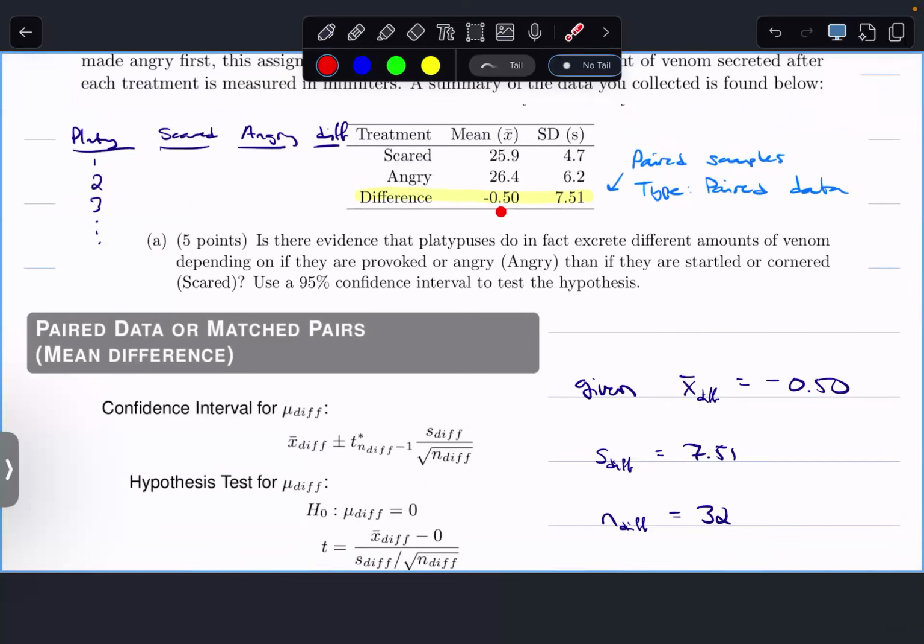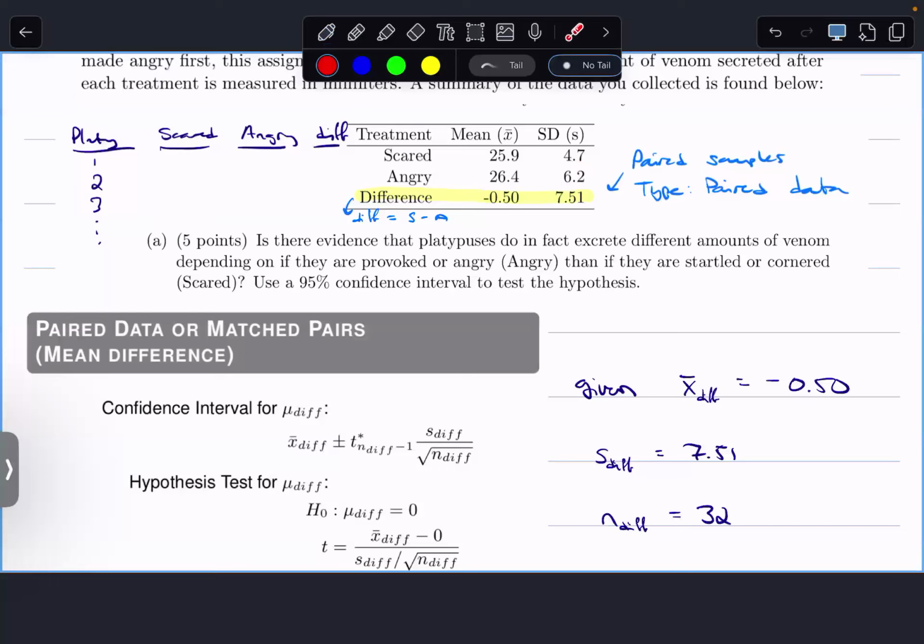From the mean of the differences, I see that scared is less than angry. And so I can kind of reverse engineer this and say that the difference must be scared minus angry to get a negative. One of the things to note is that the standard deviation doesn't have that same relationship, just because of how standard deviations work. But the means do.